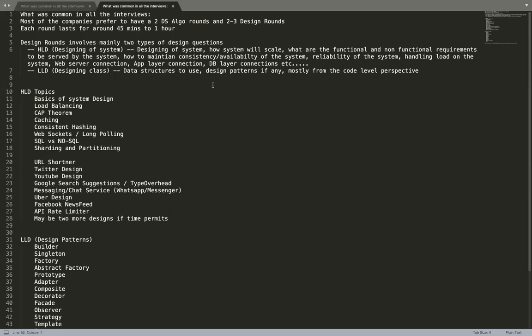Okay. So what was the experience in all the interviews I had so far? In general, if you're not a fresher and you're interviewing for a company, then generally there will be 4 to 5 tech rounds, in which the initial 2 rounds will be based on your data structures and algorithms, just to check your coding skills and to understand if you can think about a solution or not.